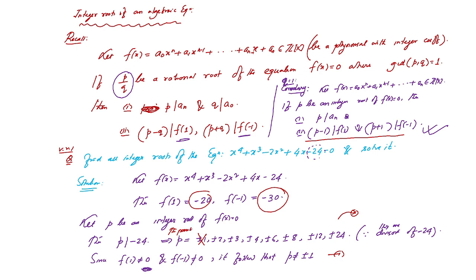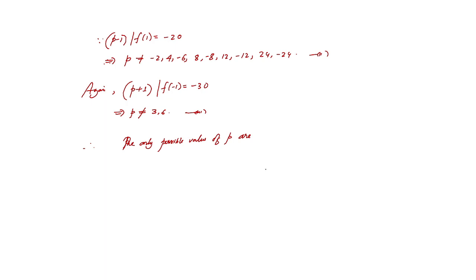The possible values of p are 2, minus 3 and minus 4, as we can say by 1, 2 and 3.